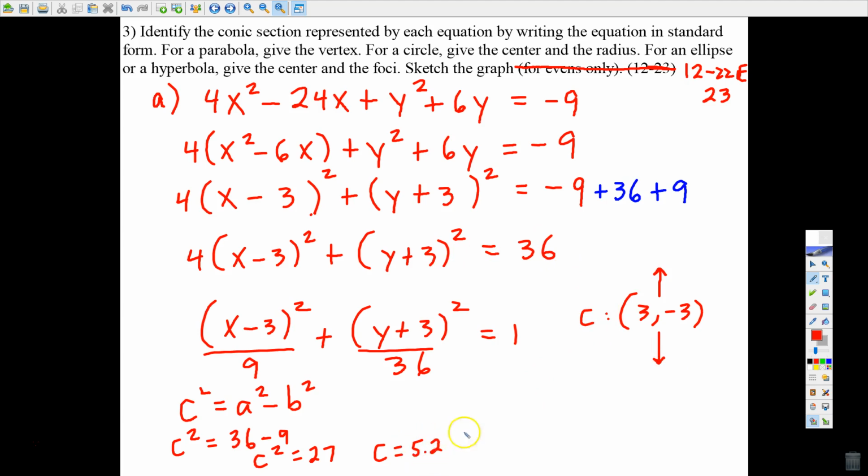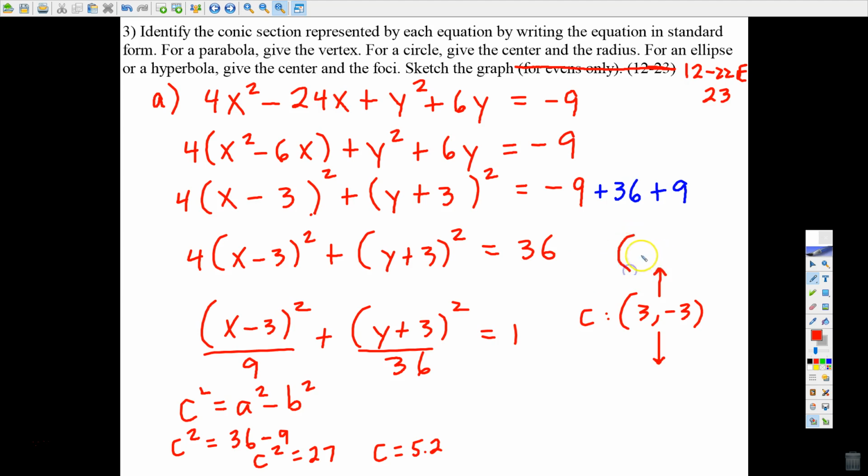All right, so essentially, I'm going to be adding 5.2 to negative 3 for this point, and I'll be subtracting 5.2 for this point. All right, so let's do negative 3 plus 5.2, and that gives me 2.2.